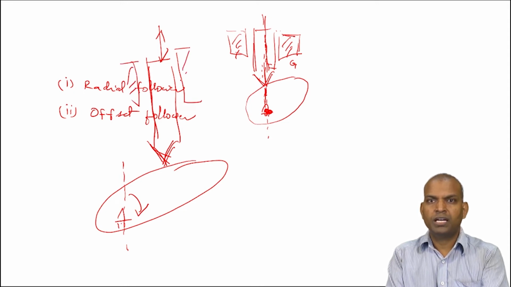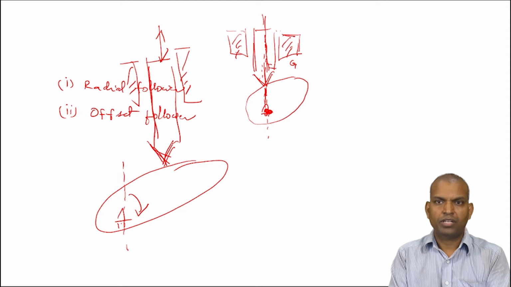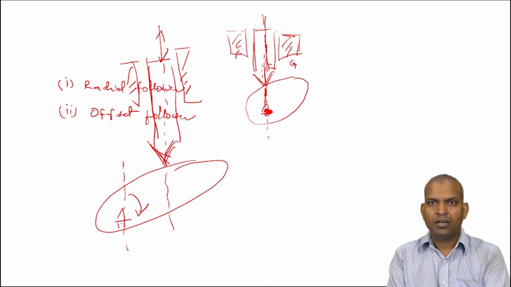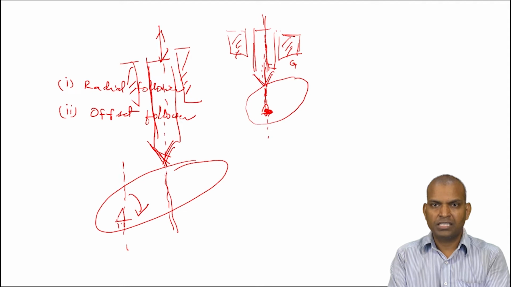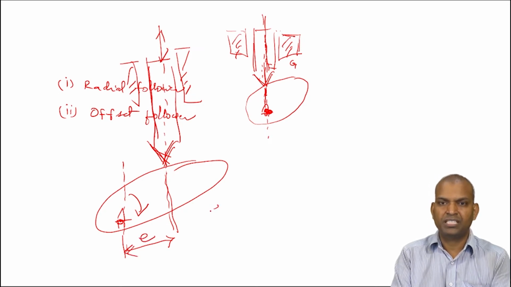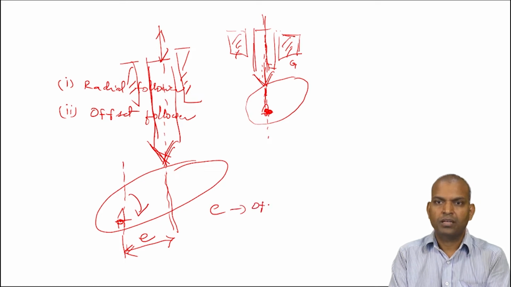But the distance from the line of motion of the follower to the center of the cam is called the offset distance. That is E. It is the offset.